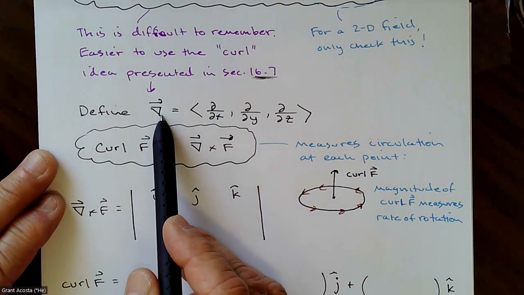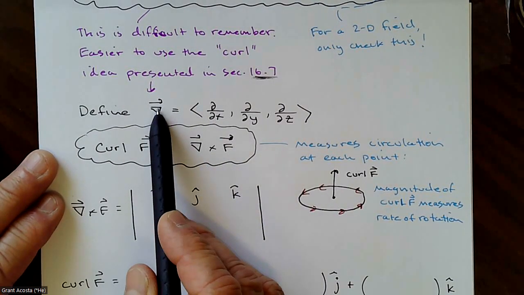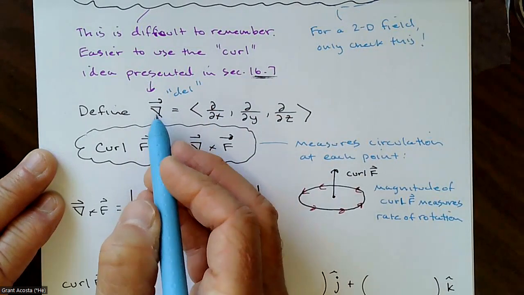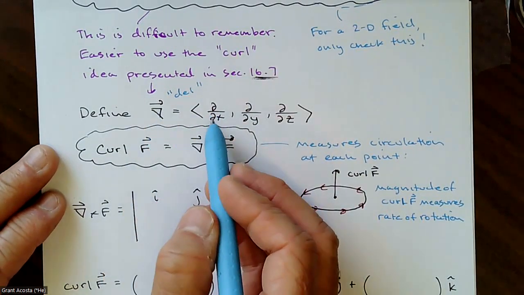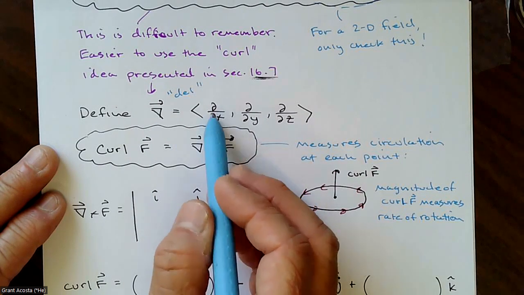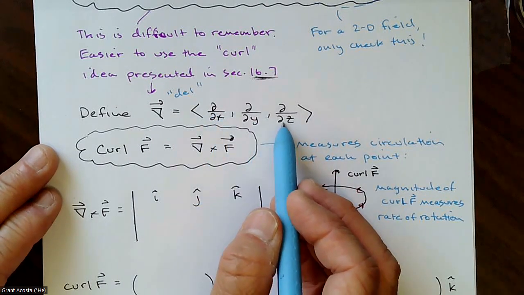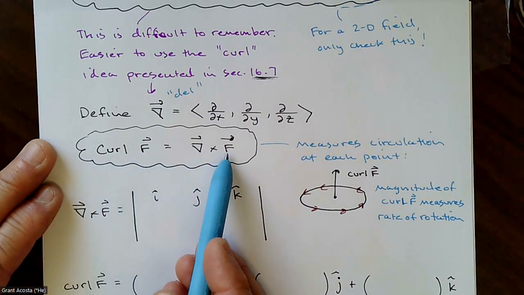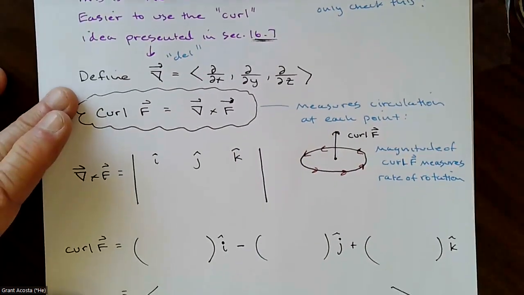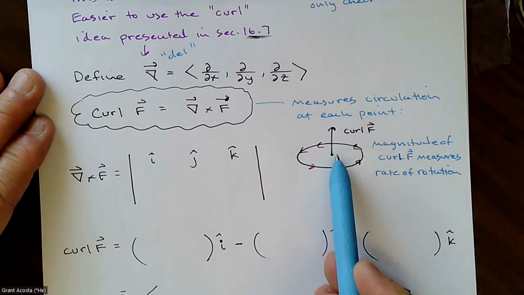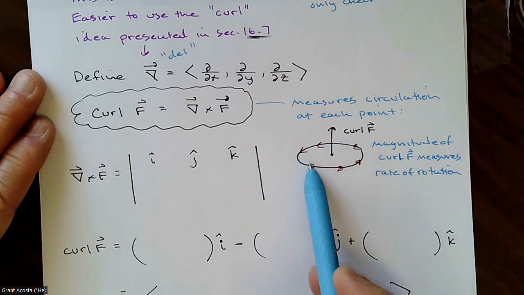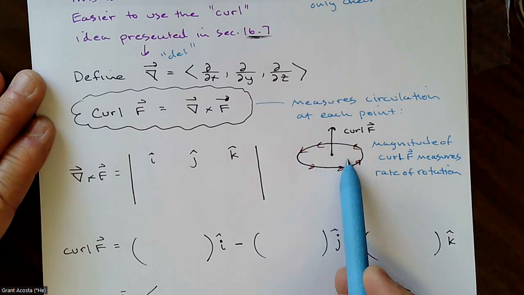I'm going to define this notation, which kind of looks like the gradient notation, but I don't attach an F to it, and this is read as just del. So if I define del to be a vector that's just made up of the partial derivative with respect to x, y, and z, then we're going to define the curl of F, a property of the vector field, as del crossed with F. What that essentially measures, at every point in your vector field, is the circulation at every single point, the tendency for something to move around a circle.